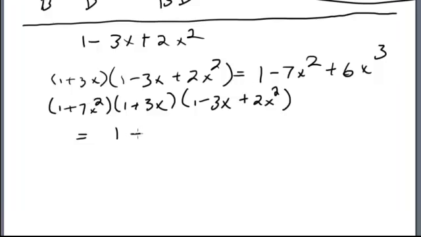We still have that 6x cubed that comes before that. Then we have the negative 49x to the 4th, and then 7 times 6 gives plus 42x to the 5th.